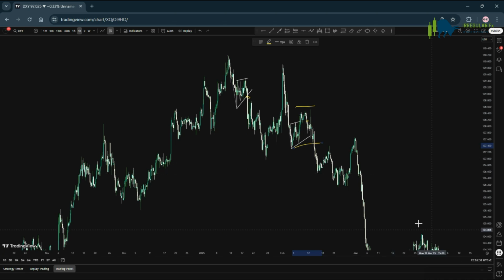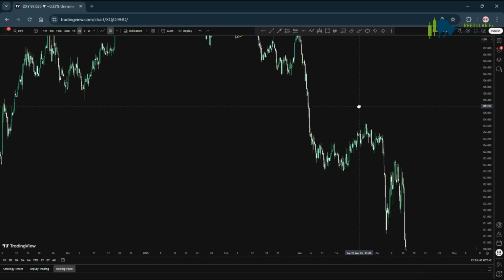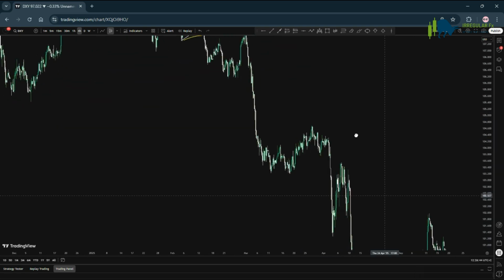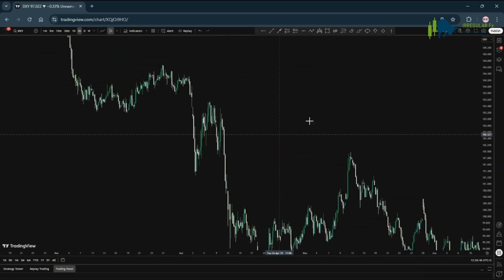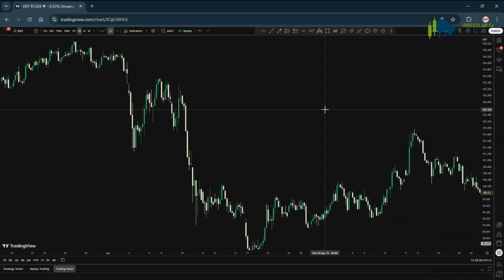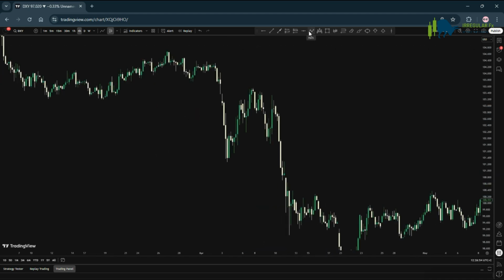Let's see if we can identify more clear continuations. Okay, here's another one. We're pushing to the downside impulsively, then we started to correct.